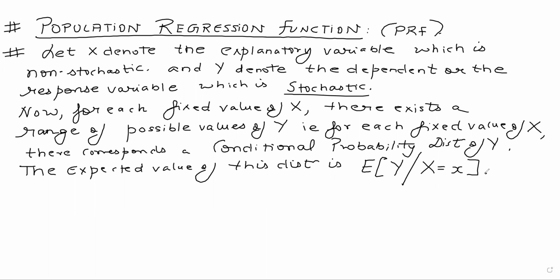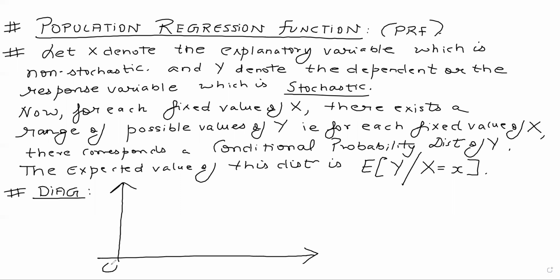Okay, now guys, you can understand this better through a diagram. So look at the diagram which I am drawing on the screen. So this is my x-axis, this is my variable X, this is my variable Y. Now guys, X is a non-stochastic variable. It is taking fixed values x1, x2, x3, xm.